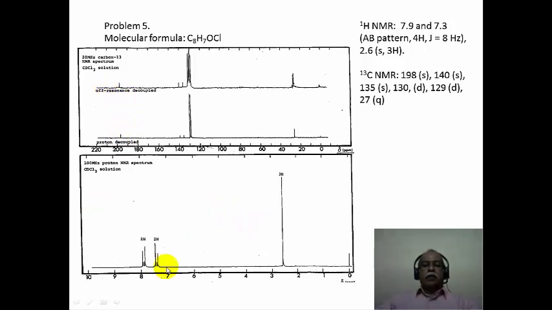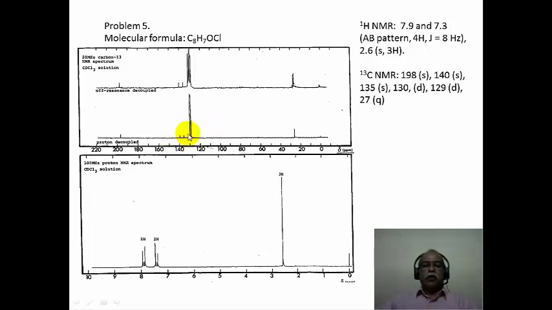The para-disubstituted derivative which we concluded based on the A prime B prime pattern should have 4 types of carbons in the aromatic unit. It's unsymmetrically para-disubstituted, so there should be 4 types of carbon. 2 of the carbons are quaternary carbons.